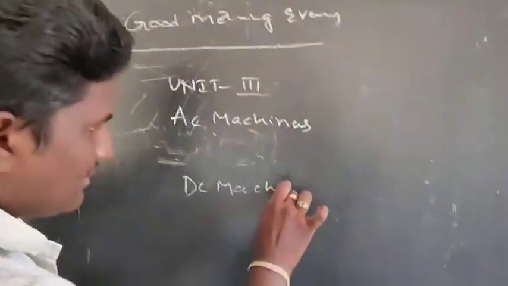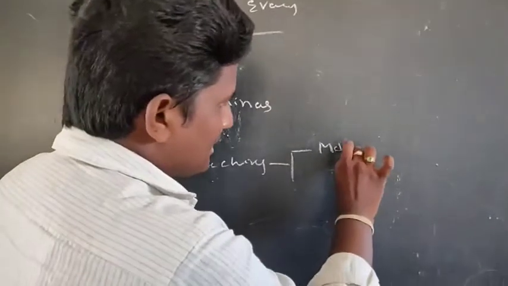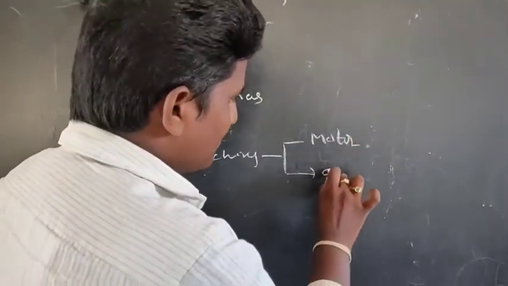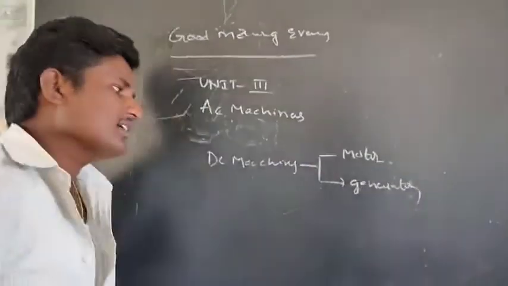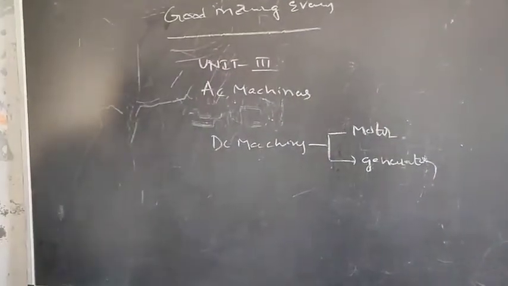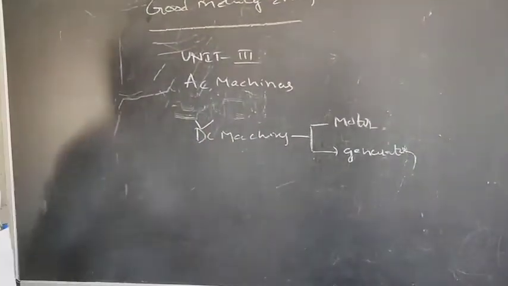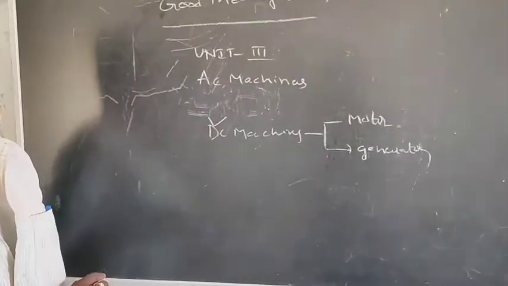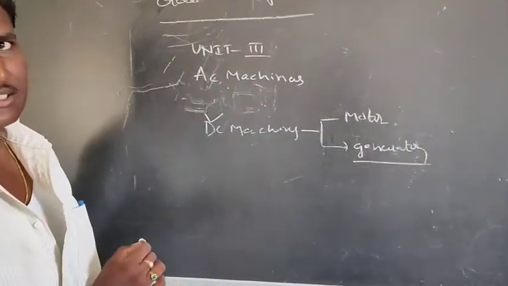The machine is the combination of motor and generator. The definition of motor and generator is the same, but if the machine operates with DC supply, that is called a DC motor. The machine that generates DC supply is called a DC generator.